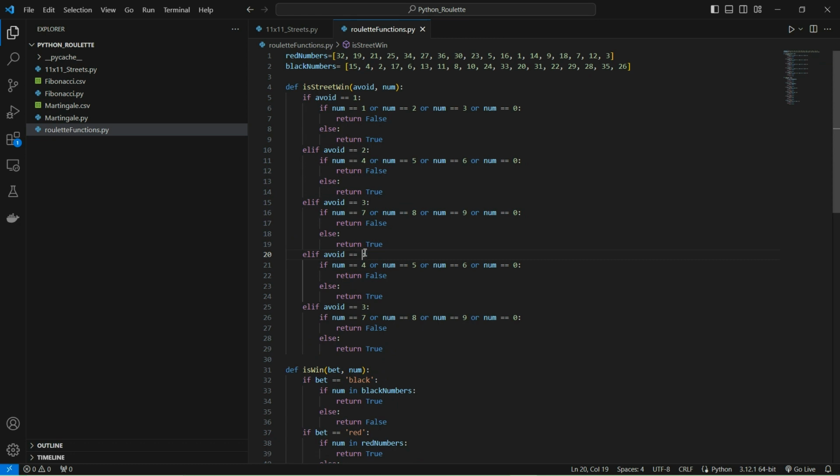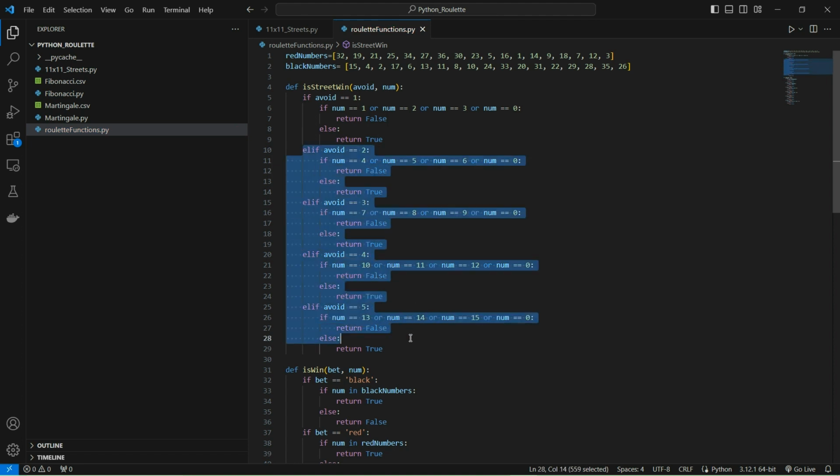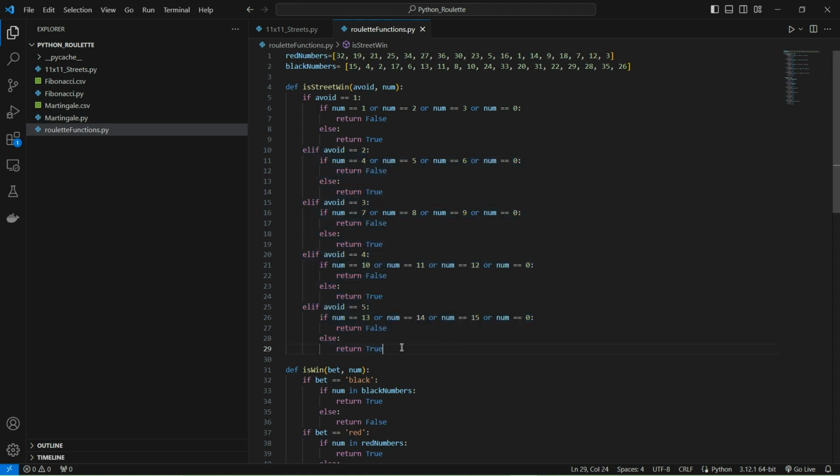Then I will copy this. If street is 4, then it is 10, 11 and 12. If it is 5, then it is 13, 14 and 15. I will now copy this.